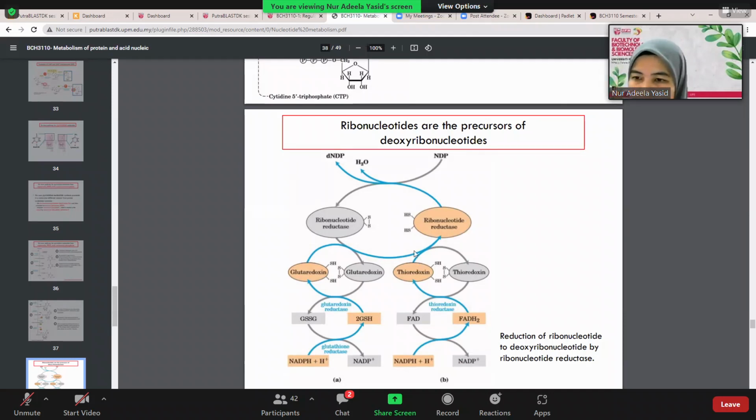If you look at this diagram, one thing you need to know is that deoxyribonucleotides are synthesized from ribonucleotides. The enzyme involved is ribonucleotide reductase.